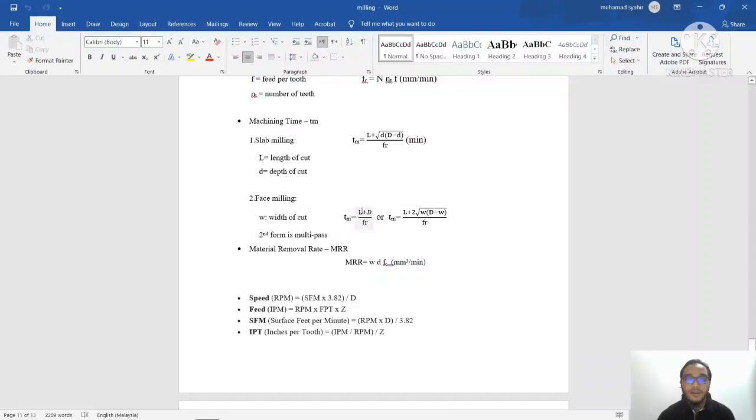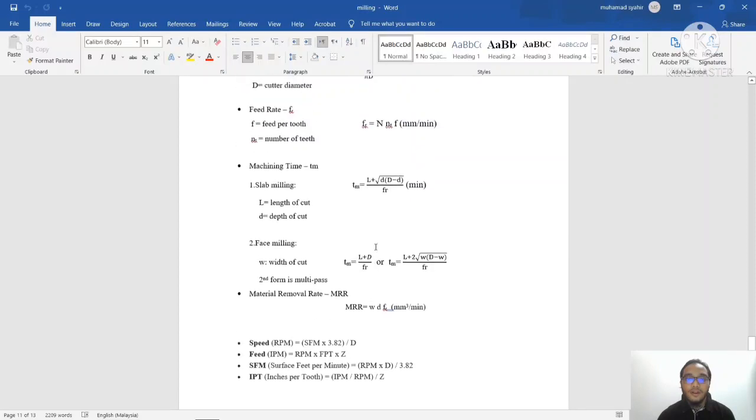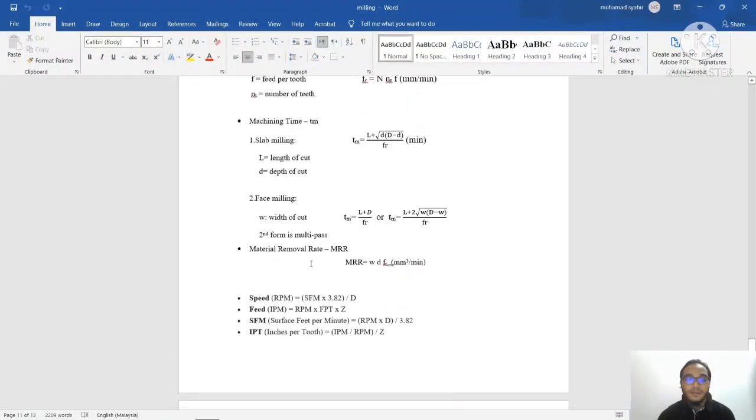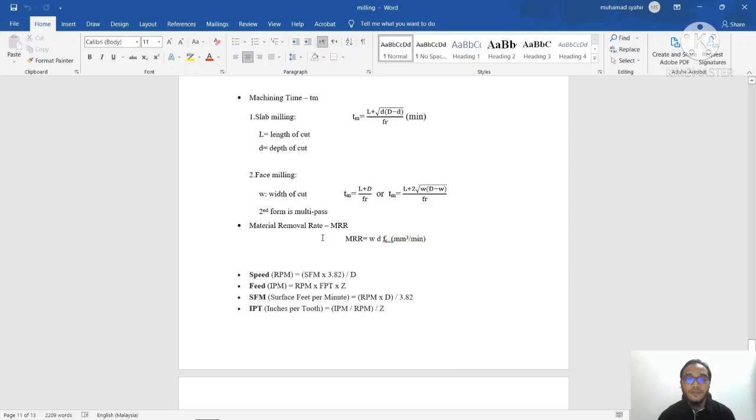The first one is L plus D over Fr, which is length plus diameter over feed rate, or the other one is L plus the square root of W multiplied by the sum of D minus W, over Fr, feed rate. And this is for material removal rate, MRR equals W multiplied by D multiplied by Fr.